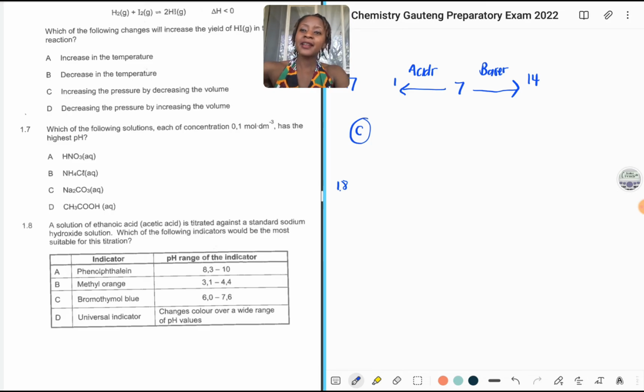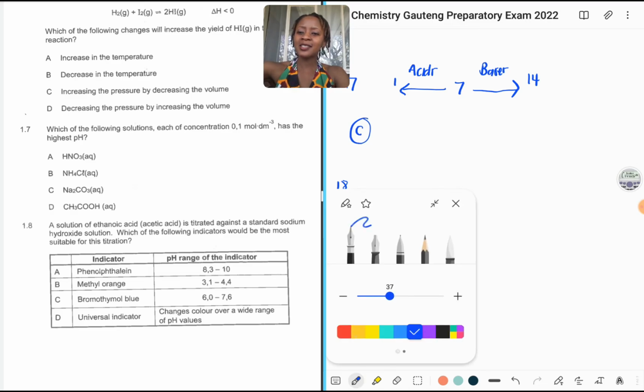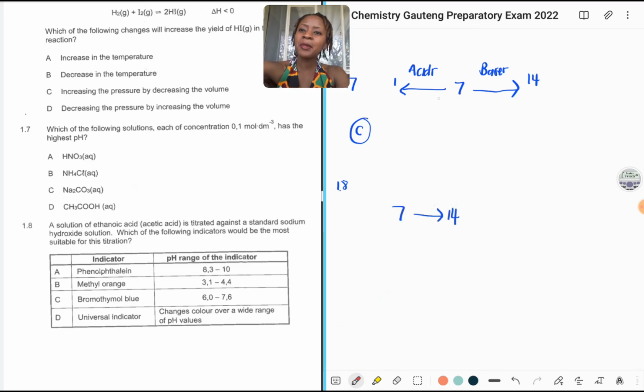If it's a base, it is in between 7 and 14. Ethanoic acid is a weak acid. Because it's a weak acid, we are expecting a pH maybe closer to 7.